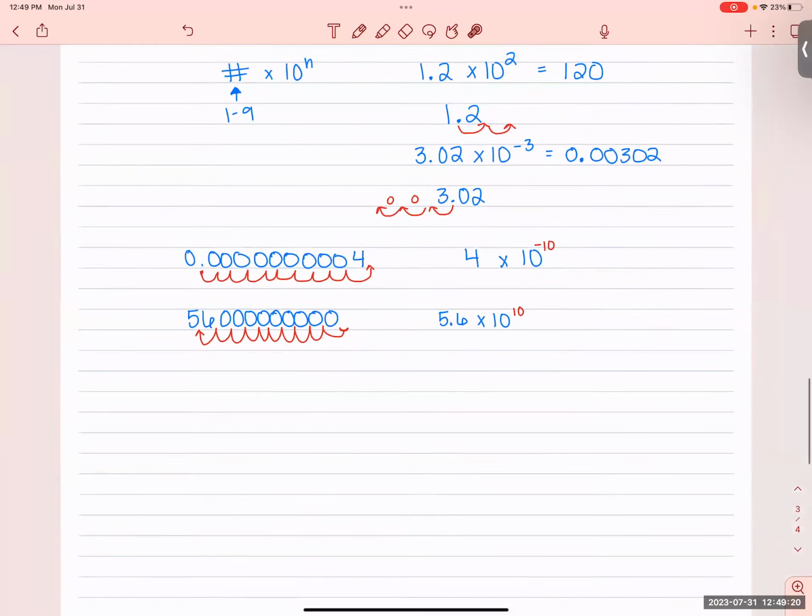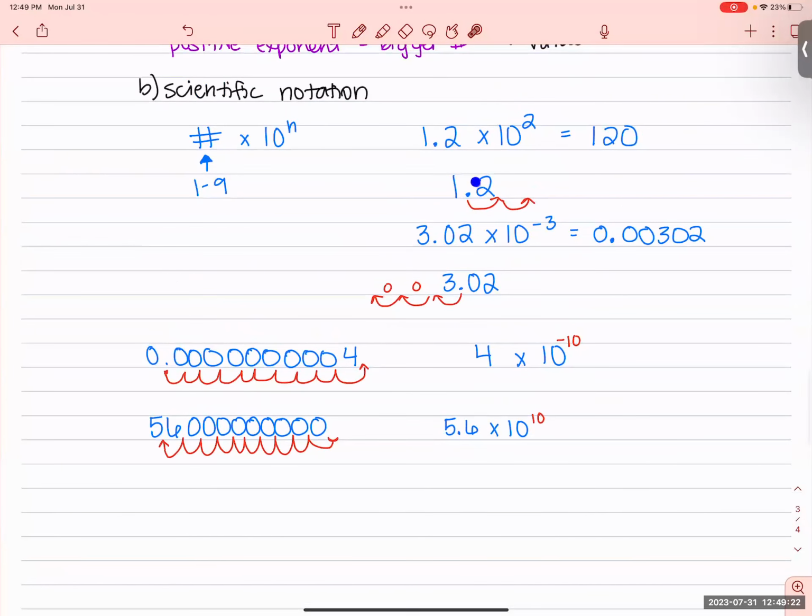So that is essentially how to turn scientific notation into regular notation, and how to turn regular notation into scientific notation. There are ways to have your calculator do that for you. So see me if you need some help figuring that out, or find a YouTube video with your specific calculator and have somebody show you if you need. But you can cheat that.